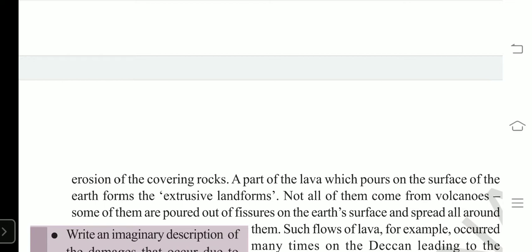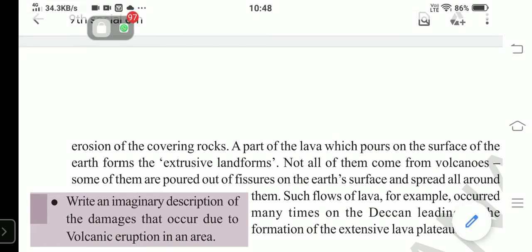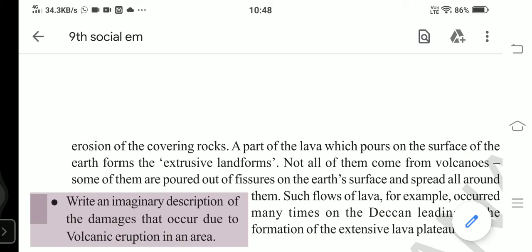Understand? When you pour some water on the floor, what do you see? The water moves parallel to the Earth's surface. In the same way, lava which erupts from many fissures. What do you mean by fissures? The cracks which we see, a number of cracks present on the Earth's surface in the crust.